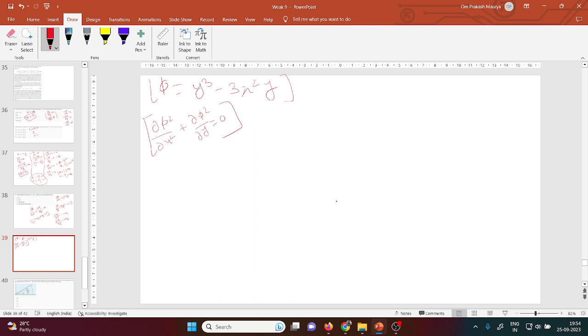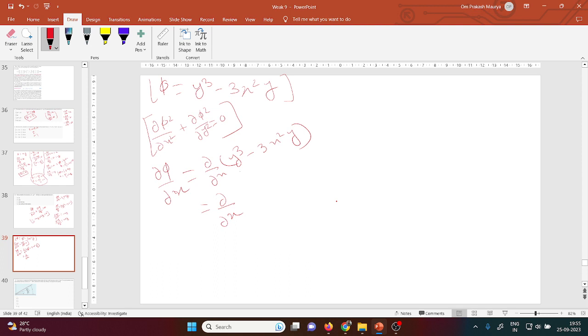When you take ∂φ/∂x, the first derivative of y³ minus 3x²y, the second derivative in y² is y², right?